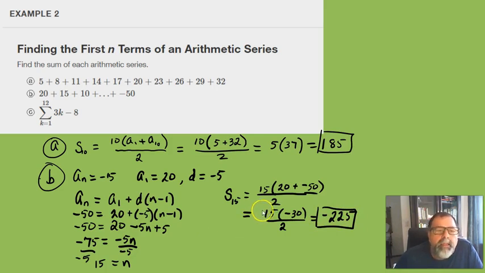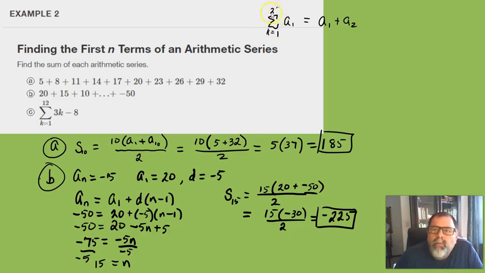And then C. Now here's the thing. If you did the summation from 1 to 2, that's going to give you 2 terms. So if you subtract this, that's not going to be n. You got the number of terms, you've got to add 1 to it.